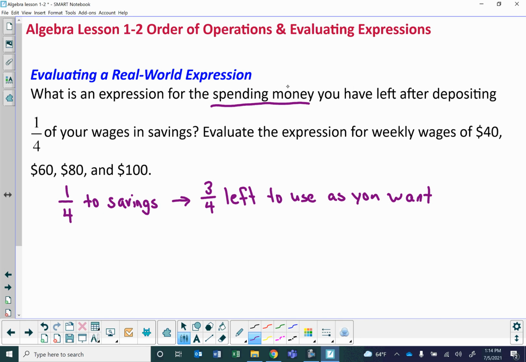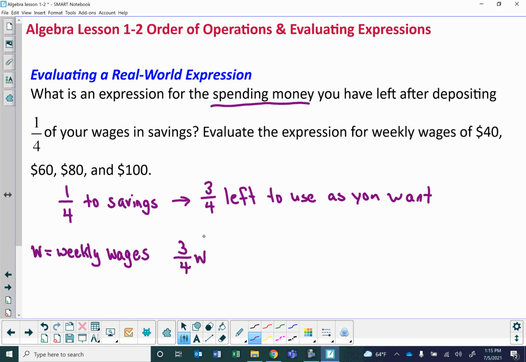So first of all, I have to write an expression. Okay, so I'm going to let W equal my weekly wages. So my expression for what I have left to spend is 3/4 of my weekly wages.